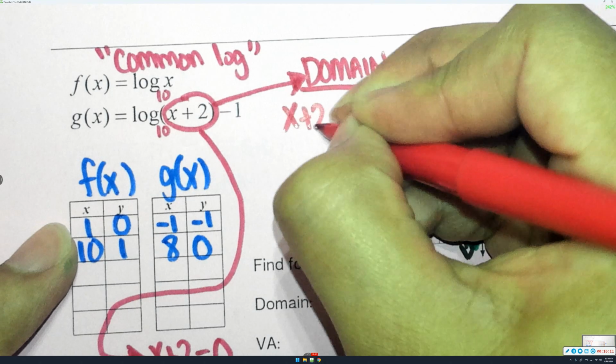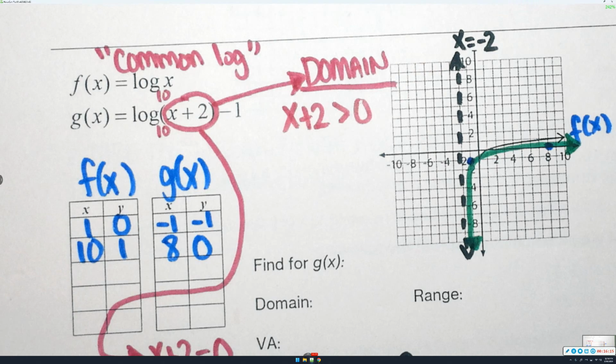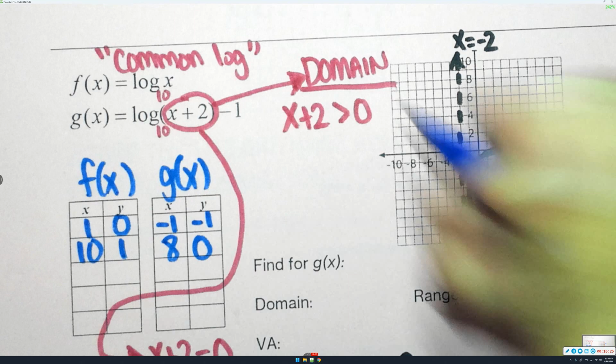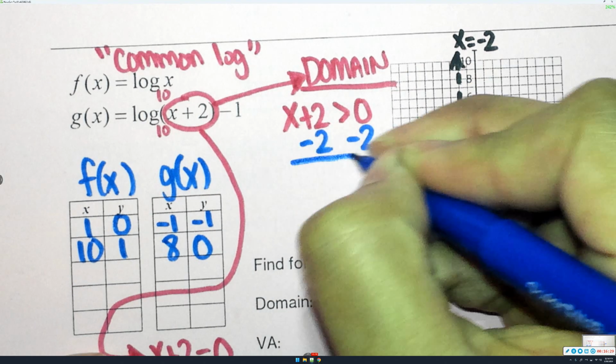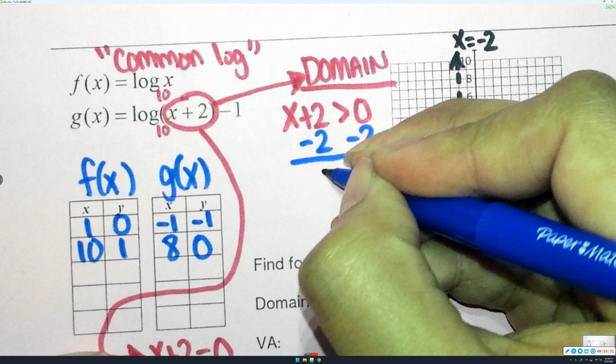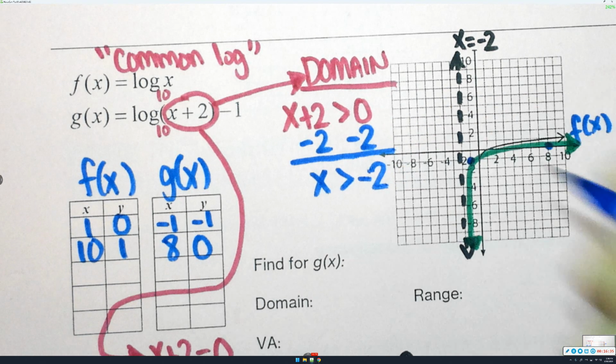X plus 2 is greater than 0. Again, the domain for all logarithms is strictly positive, right? So in this case scenario, I will do what? I will subtract 2 on both sides. So minus 2, minus 2. And this will leave me with x is greater than negative 2.